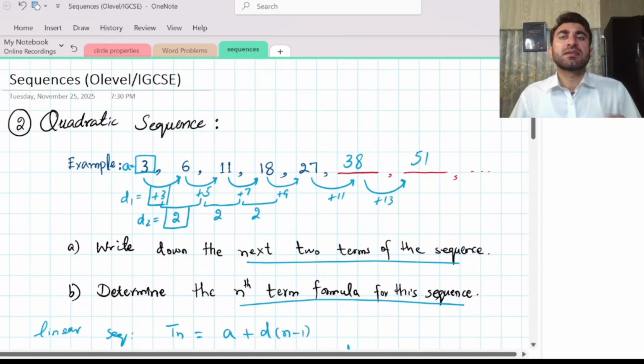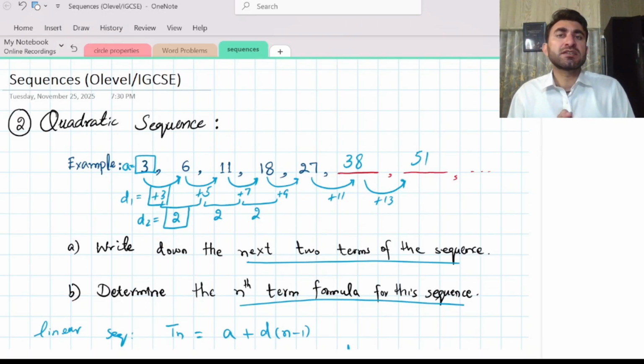We always write the nth term formula for the quadratic sequence in comparison with the linear sequence.